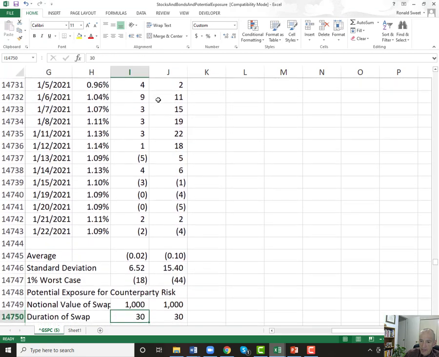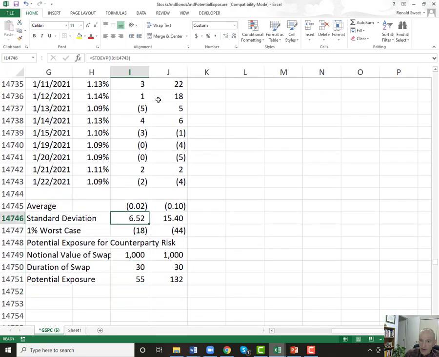So when I come down to the bottom, we can see on average interest rates have fallen essentially zero basis points. 0.02 basis points, which is 0.0002%. So the average is really small because we're doing many days since 1962.